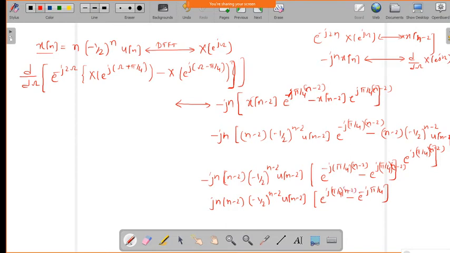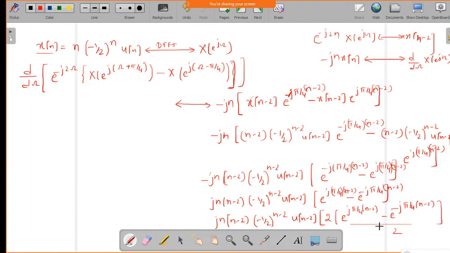So the final is jn into n minus 2 into minus half power n minus 2 into u of n minus 2 into, multiplying and dividing by 2, e power j pi by 4 into n minus 2 minus e power minus j pi by 4 into n minus 2, divided by 2, and you can write this expression as cos of pi by 4 into n minus 2.